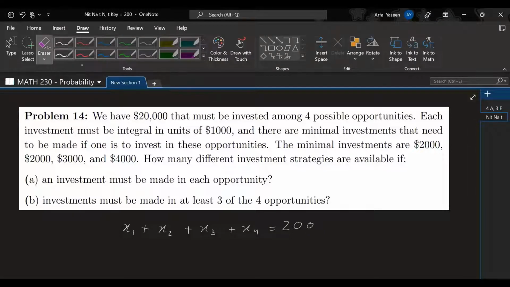Actually, since these variables are multiples of 1,000, we can just exclude that part and write this equation like this.